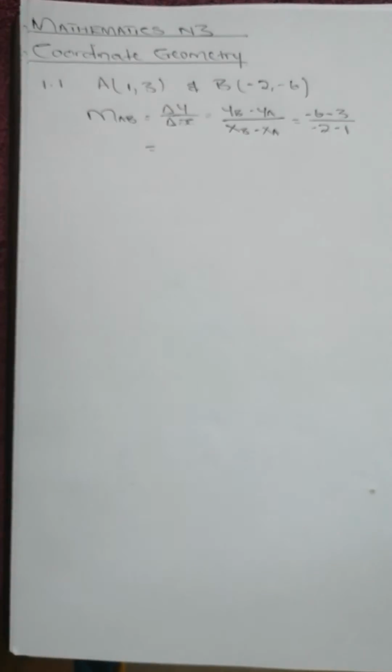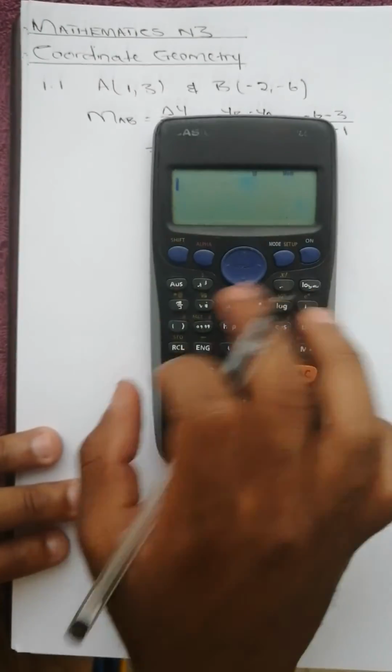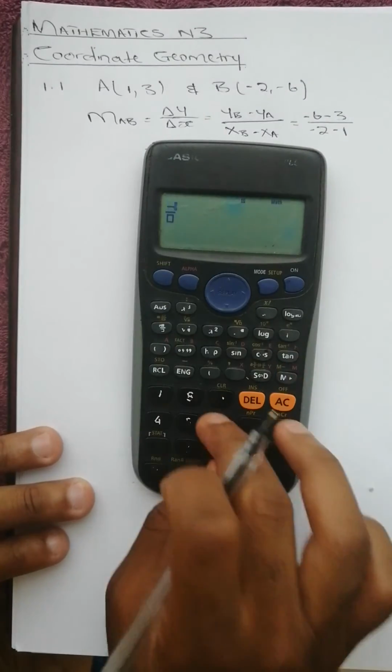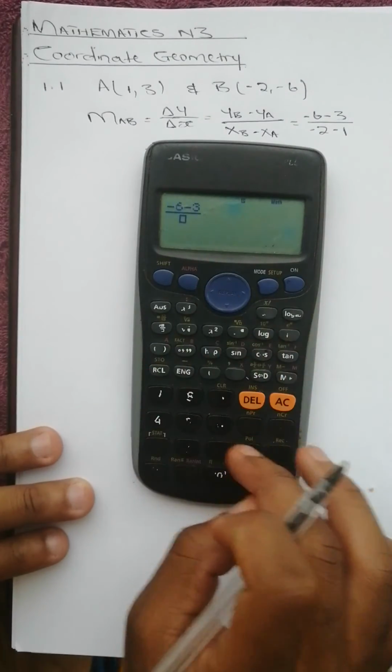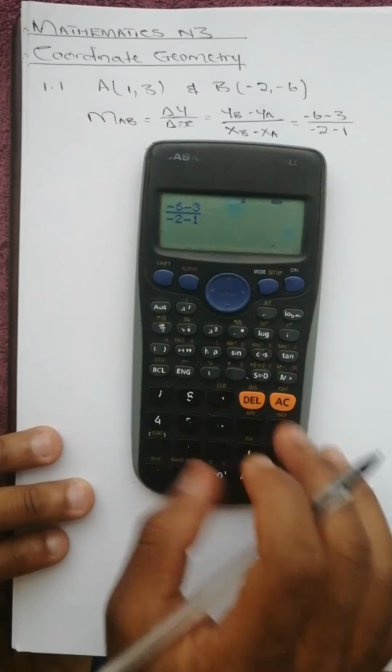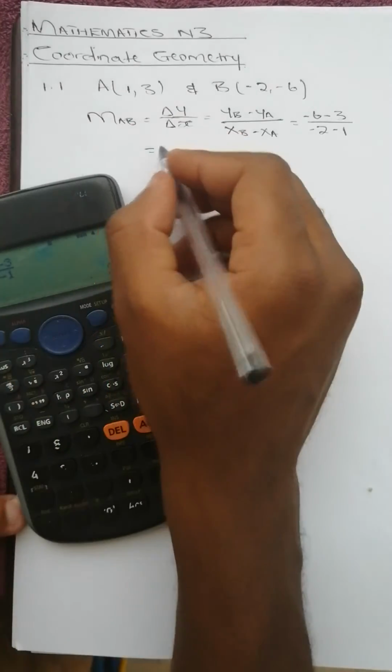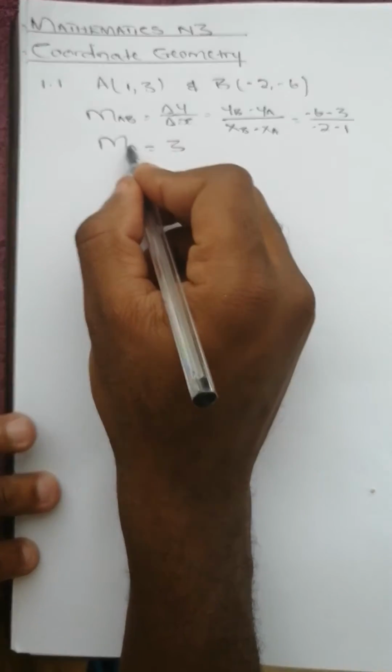Punch this into the calculator: -6 minus 3 over -2 minus 1 gives us 3.